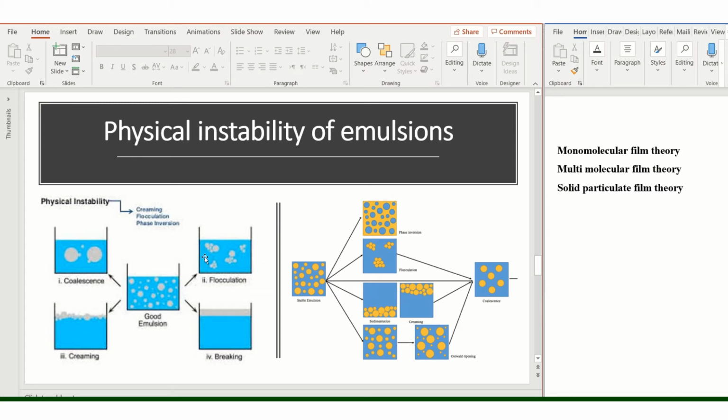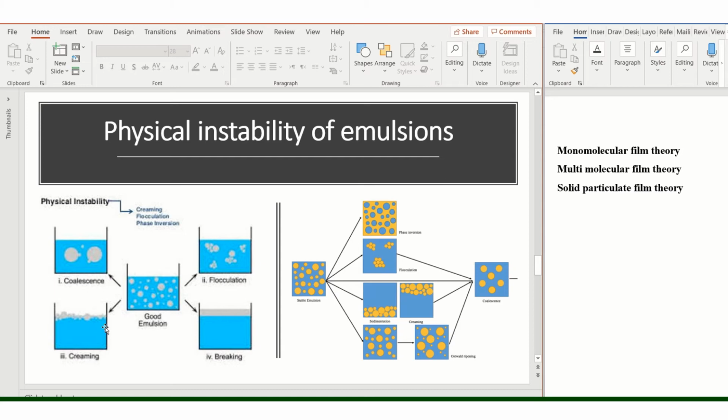The second cause of instability is the flocculation. The name itself indicates all the globules or droplets will come together to form as a group, flocks. So this phenomenon of formation of smaller flocks is known as flocculation. Another phenomenon is these floccules will tend to come closer and form a layer.